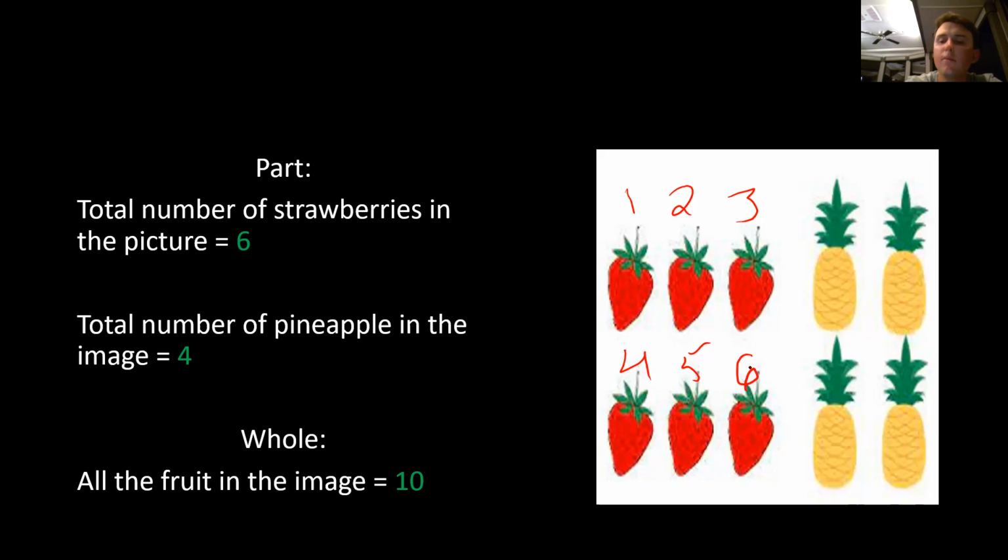The total number of pineapples in the image, which is 4, is another part. So if we're looking at the part of pineapples, it would be 4 because there are 4 in the image. So if we're looking at all the fruit in the image, that would be the whole. So the whole would be 10, because we're going to take the part of the strawberries and add it to the part of the pineapples, 6 plus 4, 10, which is our whole.